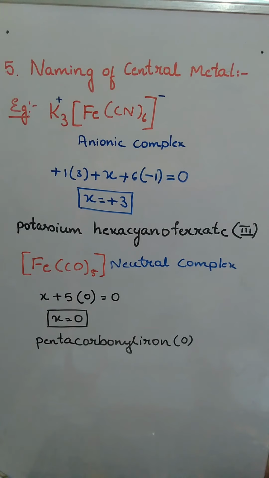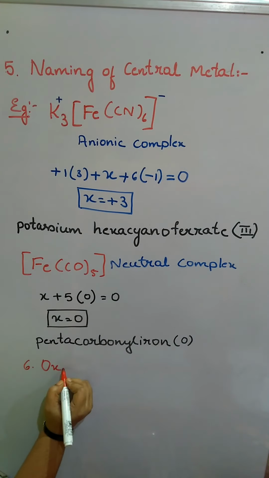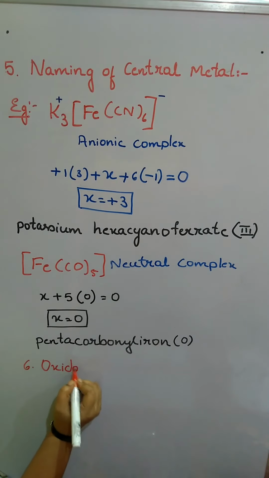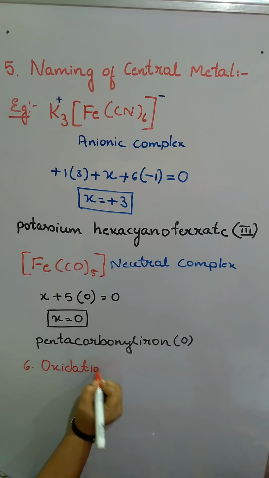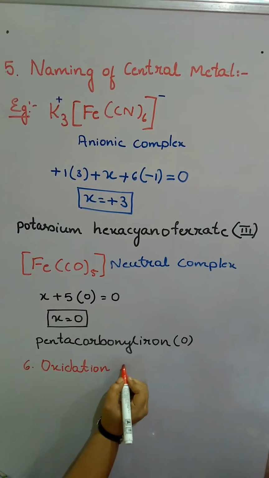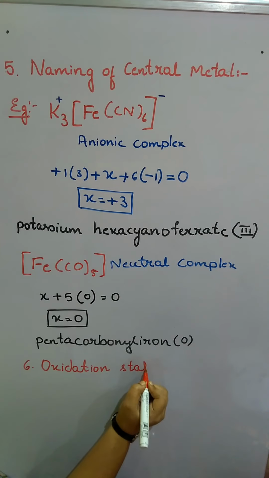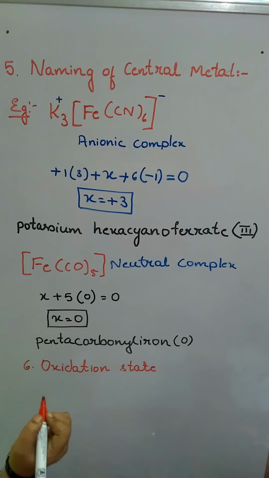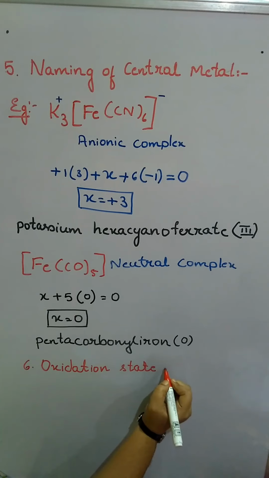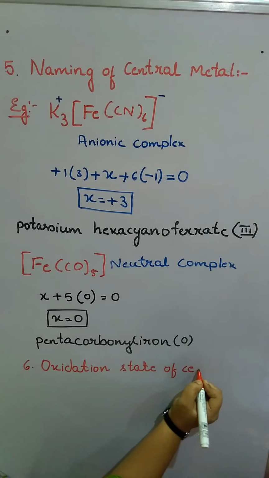So next we'll move on to the next rule. The next rule is the oxidation state of the central metal ion. Oxidation state we have already discussed. You know how to calculate it, we have taken many examples, and you also know how to indicate the oxidation state of the metal, because we have completed a few formulas also.